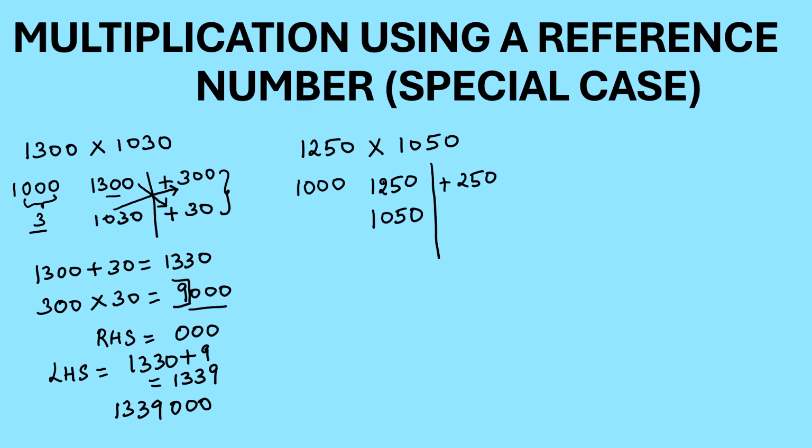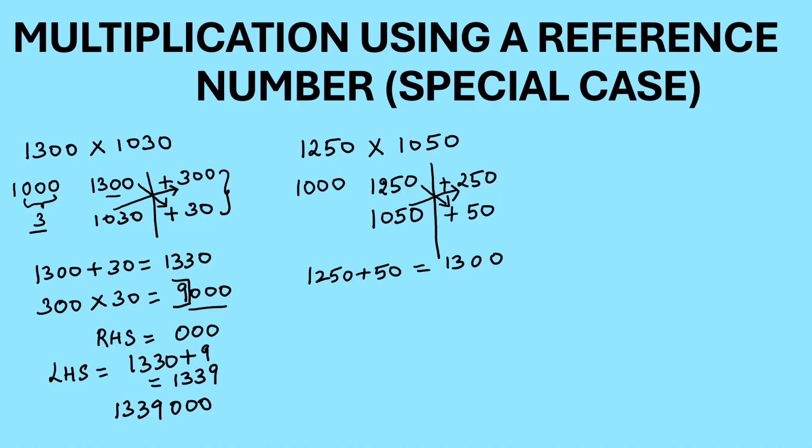Similarly, we know that 1050 is 50 more than our reference number, so we write down plus 50 next to it. To calculate the LHS, we can do either 1250 plus 50 or 1050 plus 250. 1250 plus 50 gives us 1300, which will be our LHS for the time being.